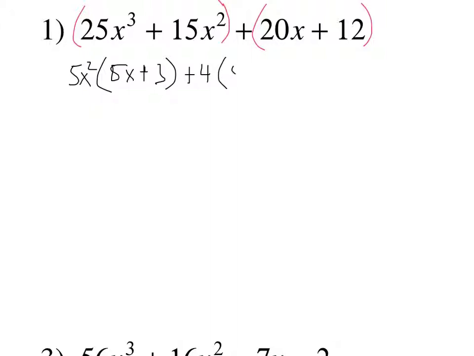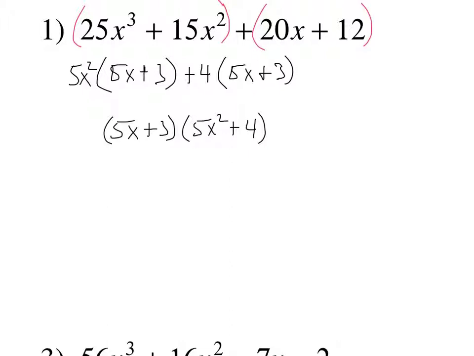Leaving us with 5x plus 3. Now we can pull out that common factor of 5x plus 3. So we have 5x plus 3 times what's left behind, 5x squared plus 4. And that's it. That's all there is to it.